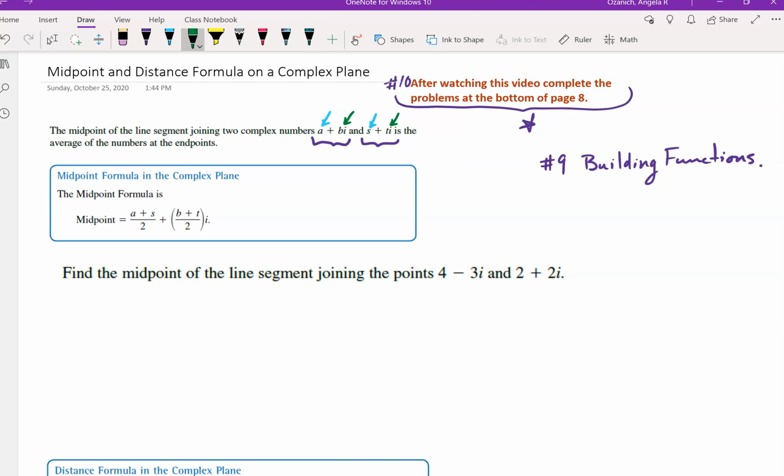Okay, so let's go ahead and just plot these two so you guys can see them. This is just going to be a rough sketch. 4 minus 3i is located here, remembering that this is our real axis and this is our imaginary axis.